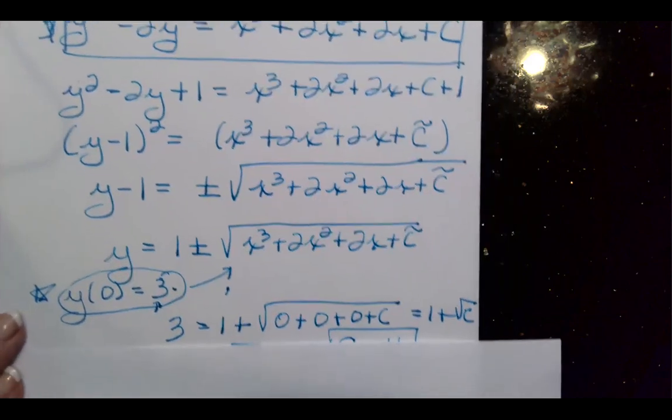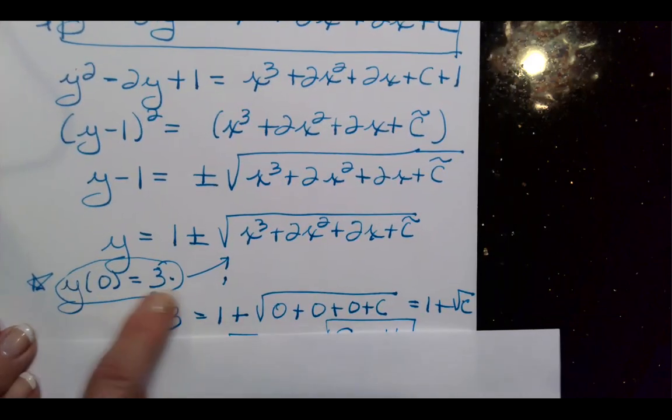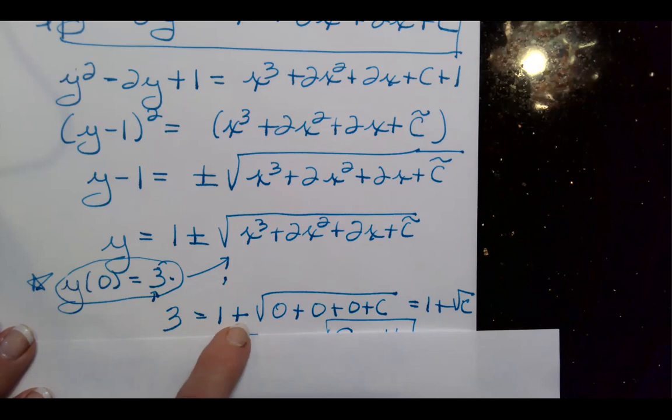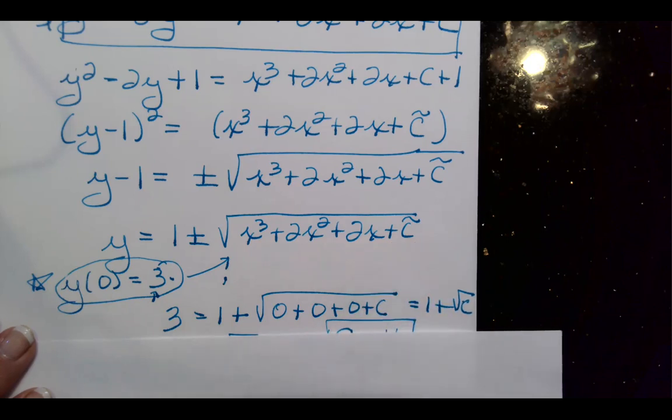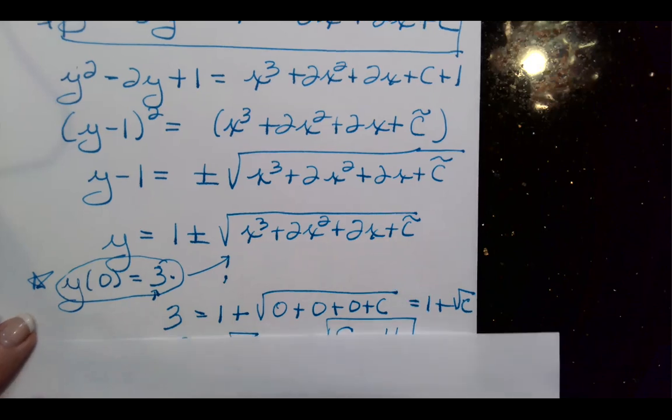Keeping that in mind, and now using the initial condition, in other words saying y is 3 when x is 0, I'll get 1 plus the square root of c tilde, since x is 0. That gives me 3 is 1 plus the square root of c tilde.